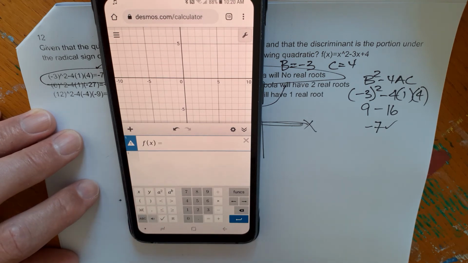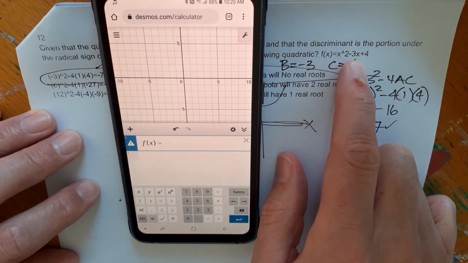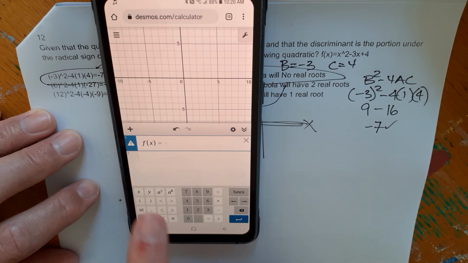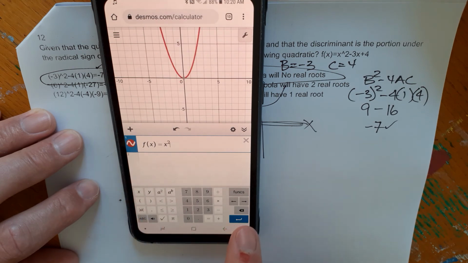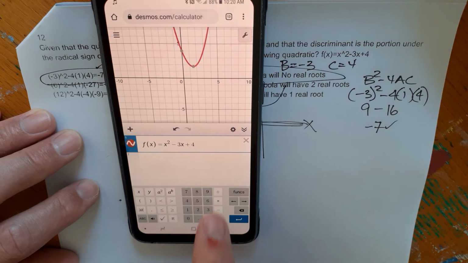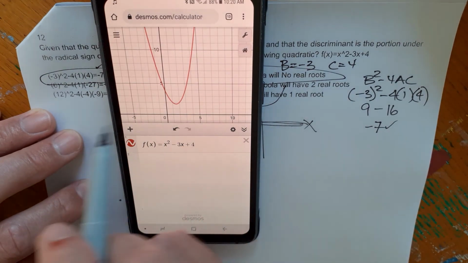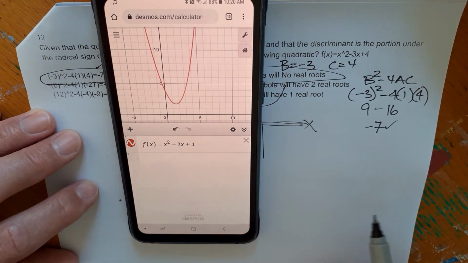A little bit different in terms of how we use it, but let's do x squared minus 3x plus 4. So notice, there's a parabola, it's there, but it is not crossing the x-axis. We can't define any roots for this, no real roots.